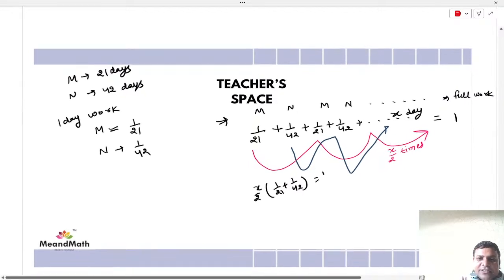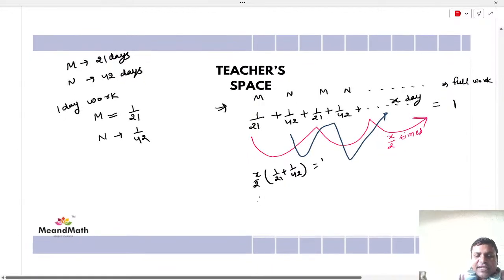Yes, I can write it, and solve it by LCM. LCM is 42, 2 plus 1 is equal to 1. So here x is equal to 2 into 42 upon 3.